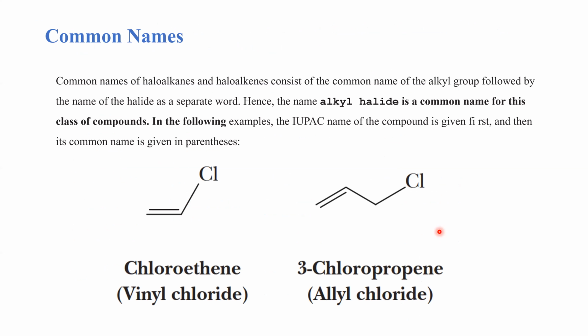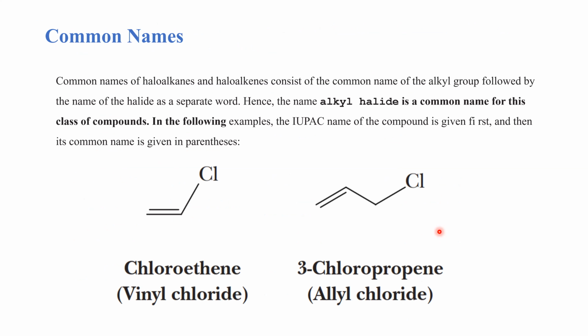Now the common names. There are some common names which are more commonly used in our laboratory, in our daily conversations when we are talking about solvents, because these are famous and more frequently used, and they are well accepted, even by IUPAC.